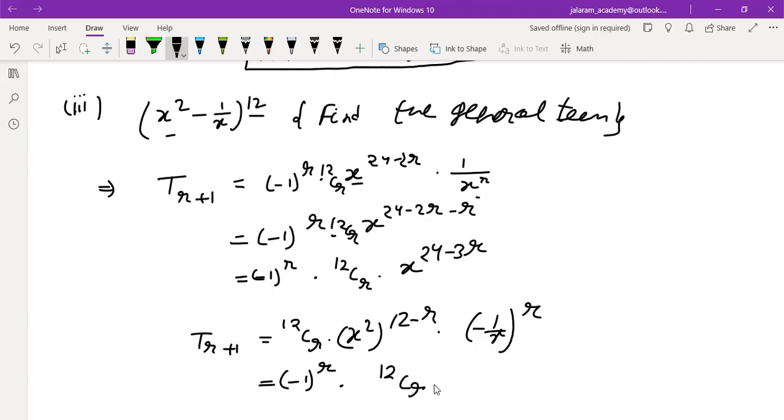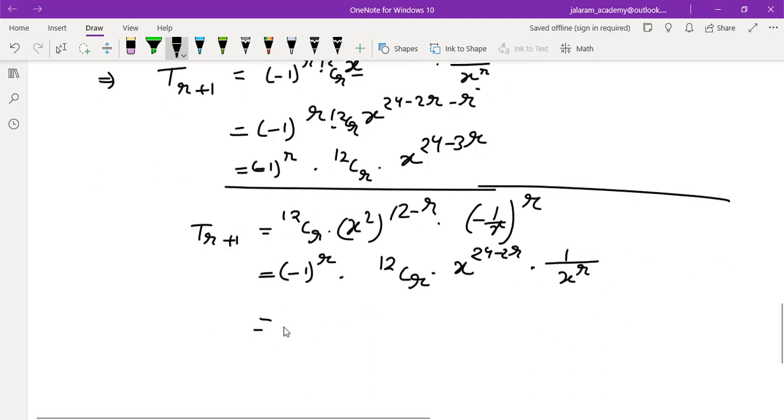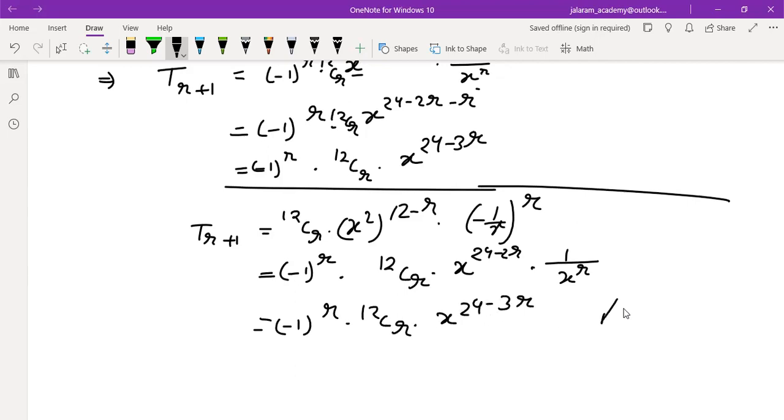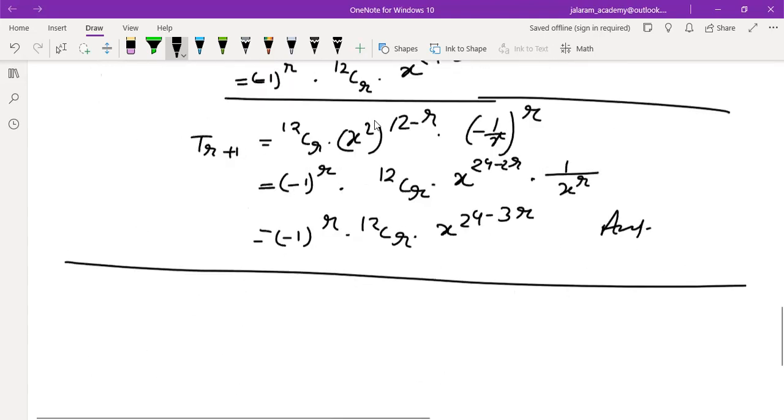Then binomial coefficient 12Cr, then x to the power, multiplying the powers, 24 minus 2r into 1 by x to the power r. And after this we will get this line. Is that clear to you now? Yes, sir. So minus 1 to the power r 12Cr x to the power 24 minus 3r is the final answer. Understood? Yes, sir.